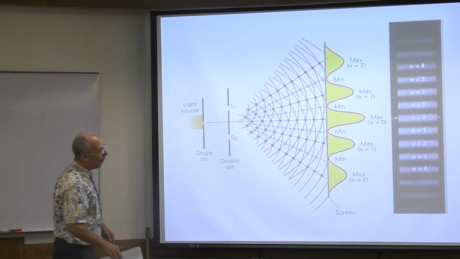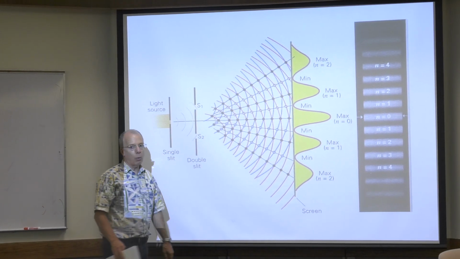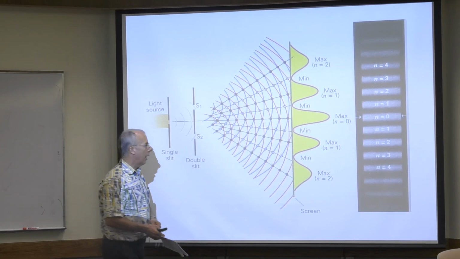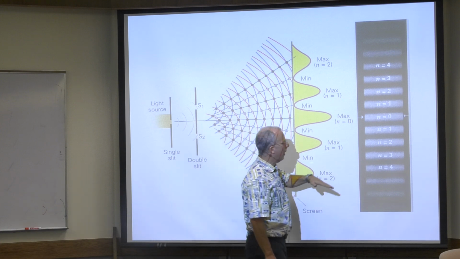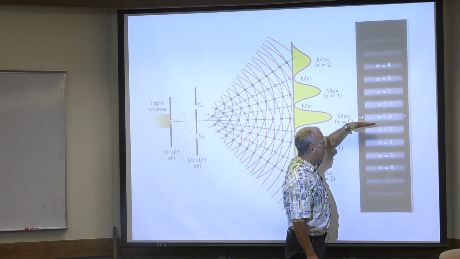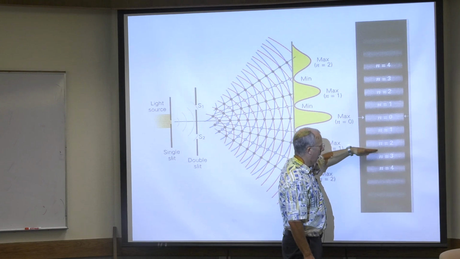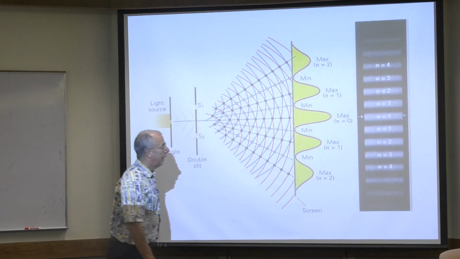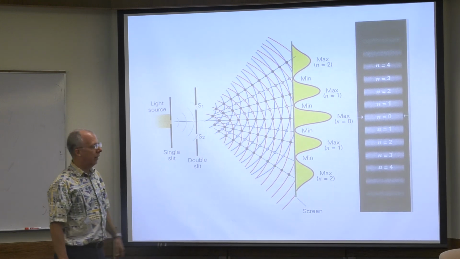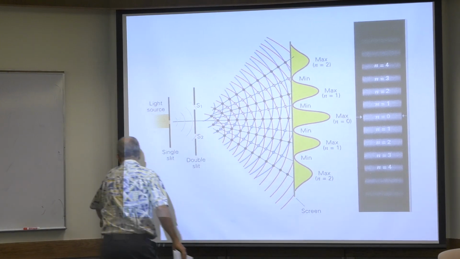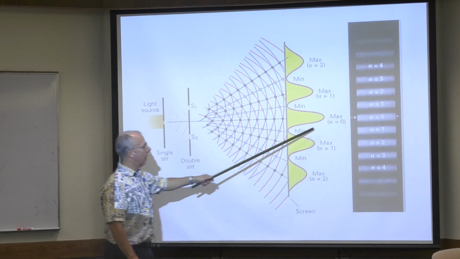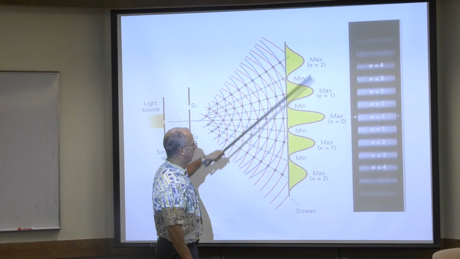Okay, so what we're going to do with light, we're going to use our wave theory of light, and we're going to do a couple of things. First of all, we're going to be able to figure out where the maxes and the mins are. And then we're going to figure out the intensity. So you can see that the maximum intensity is here, then it kind of dies off, right?